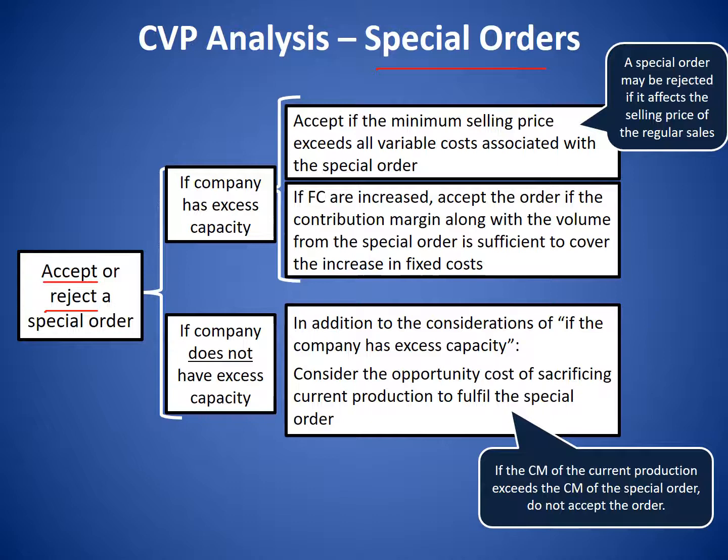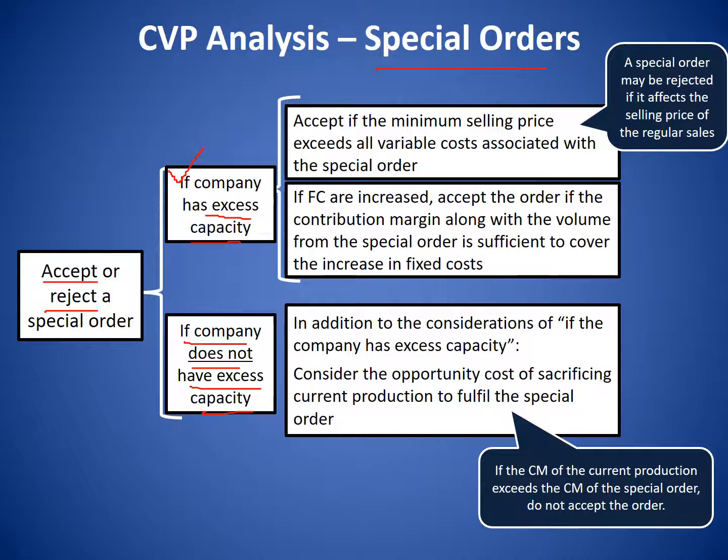First of all, we have to decide if the company has excess capacity. In other words, does the company have the capacity to also produce this special order without having to give up any present production? If the company has excess capacity, we follow one decision process. On the other hand, if the company does not have excess capacity, we have some additional considerations.